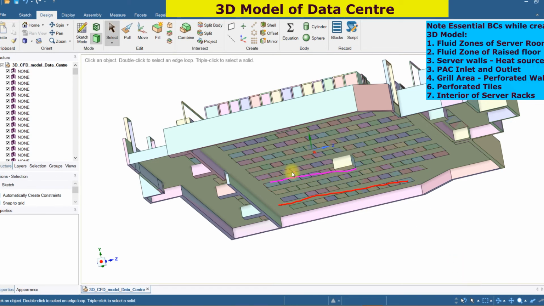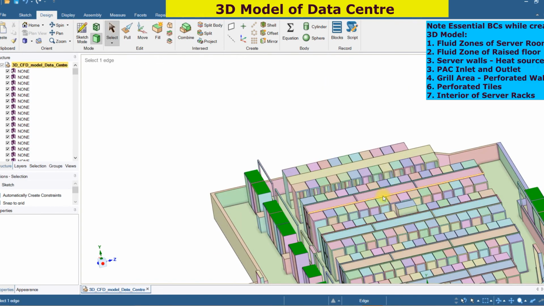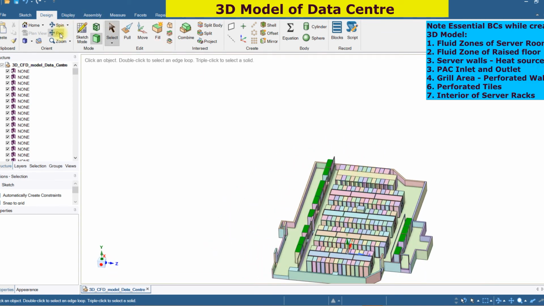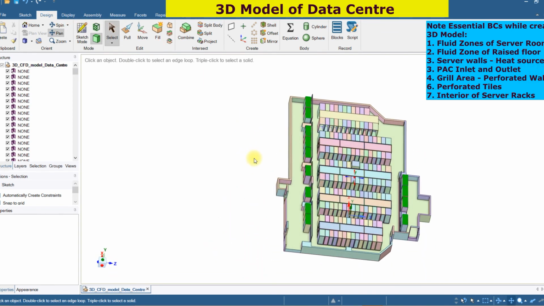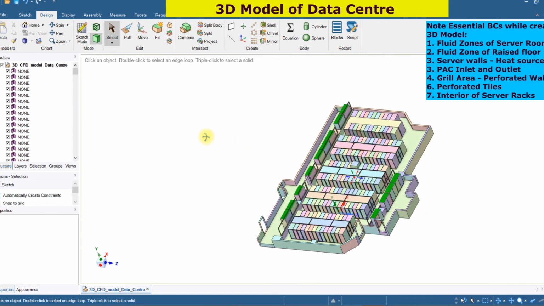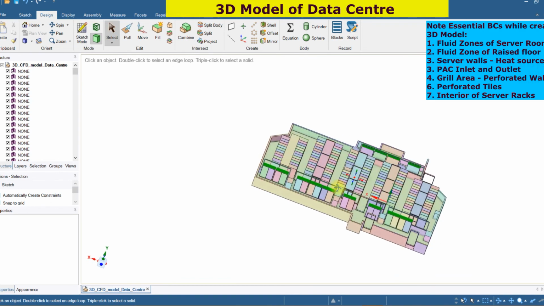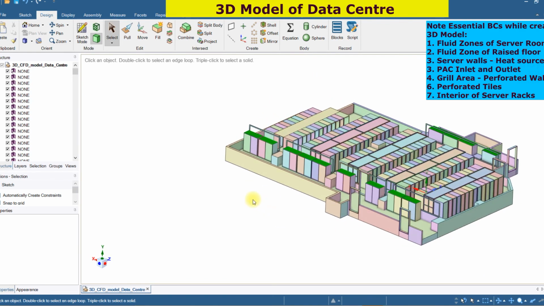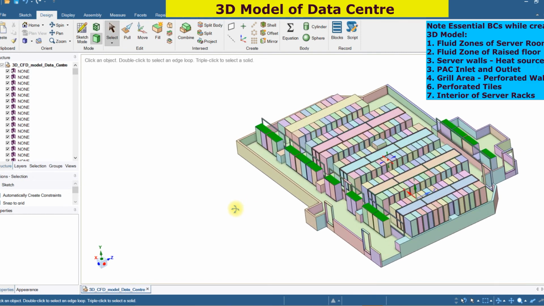After the 3D model is created, we can use it for meshing. After meshing, we can use any commercial or open source CFD solver to get results.